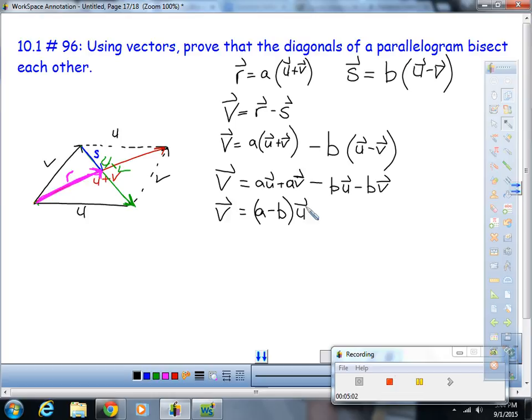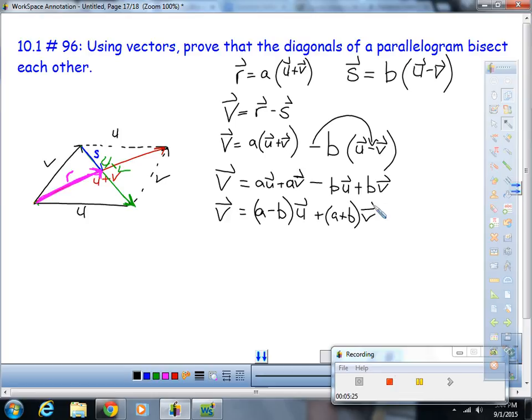And then this should be a plus here. Do you see how that distributed to make that a plus? Okay, thank you. And then this one will be A plus B, scalars, times vector v.